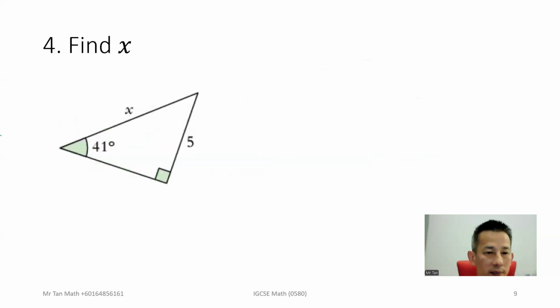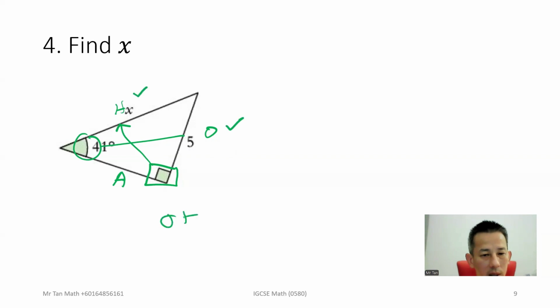Okay, next. Again, find the x. So first you identify the H, the O, and the A. Again, it's O and H. So we are dealing with sine.